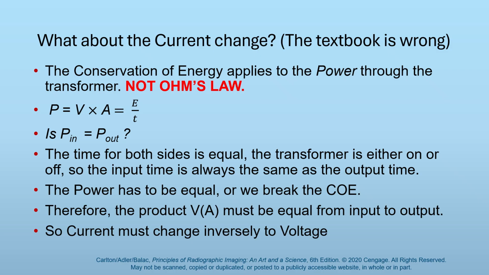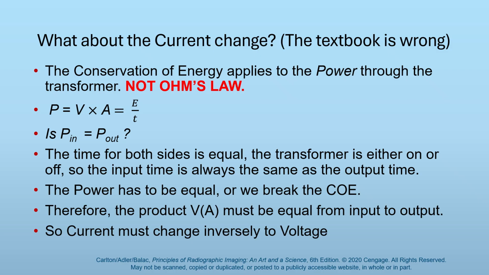And so the power law applied to a transformer means that if the voltage changes going through the transformer, the current has to change in the opposite direction to compensate, so that the energy in is the same as the energy out. The power in is the same as the power out. Now, there is some loss to eddy currents and heat and things of that nature.